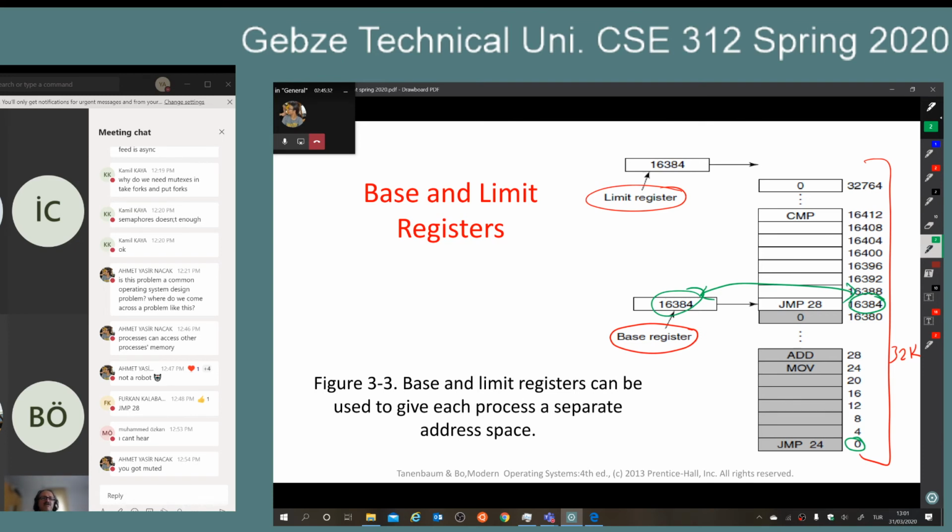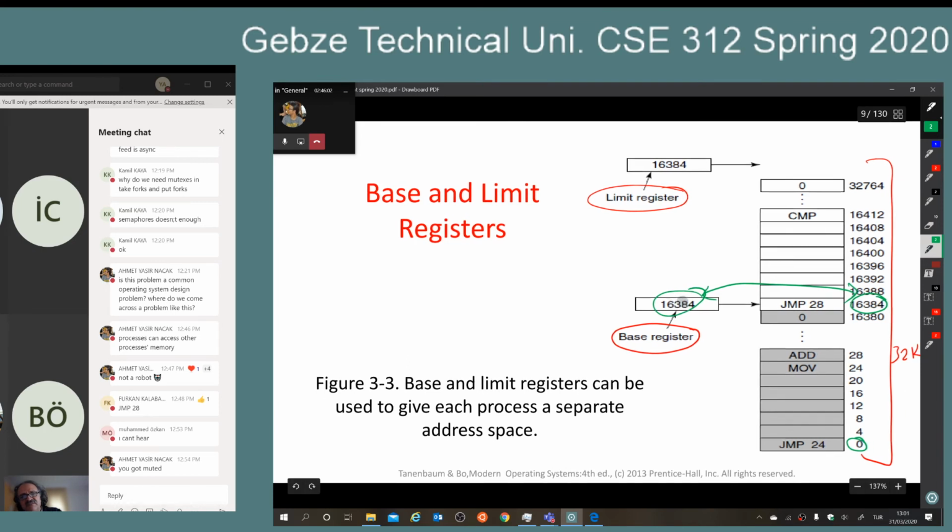So I don't have this problem of static relocation. I am not changing anything inside this program while loading it. All I need is for my CPU to provide these two registers, and on the fly, when I make a memory reference, whether reading from memory, writing memory, or jumping to some memory location, I add the number to the base register.